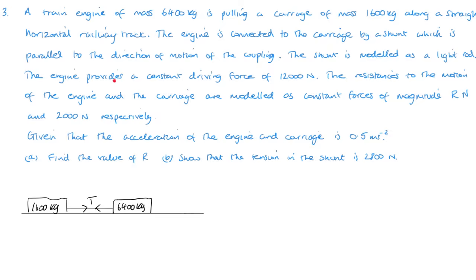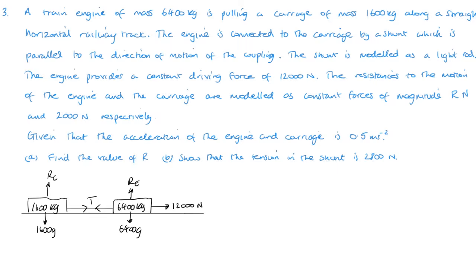Right, constant driving force of 12,000 newtons. So this one is 12,000 newtons. Obviously we have our weights here and our reaction forces there. That's the engine and that's the carriage. Obviously 6,400g and 1,600g, but we're not worried about those.